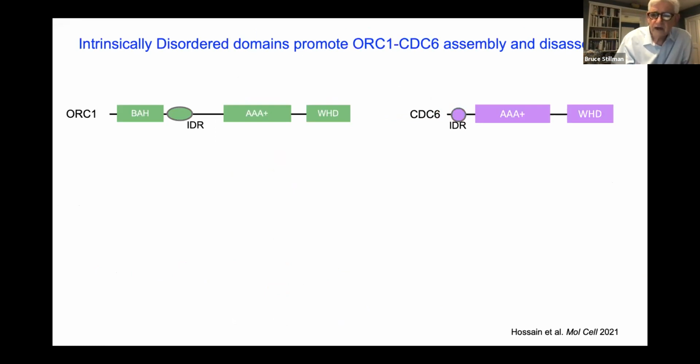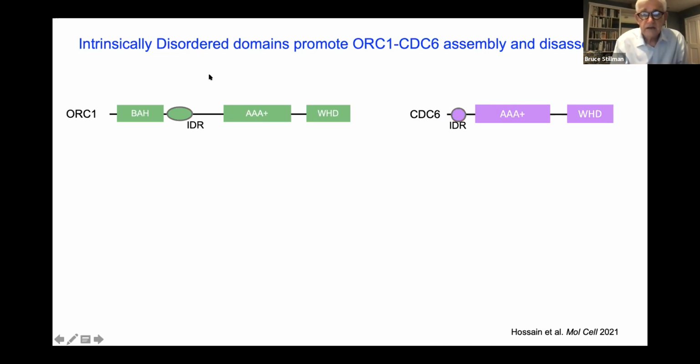Now, the other thing we found in this paper that we just published last month is that when ORC and CDC6 get together, we had anticipated, based on the structures that were obtained, that the AAA plus proteins would be the principal drivers of interaction between ORC1 and CDC6, which bind to each other intimately.